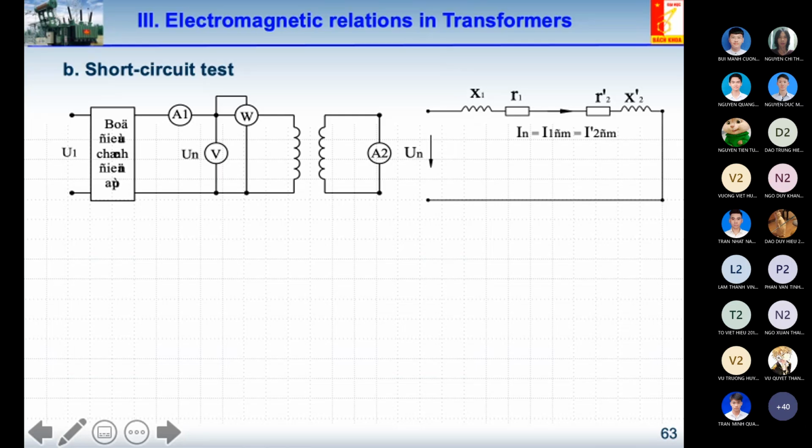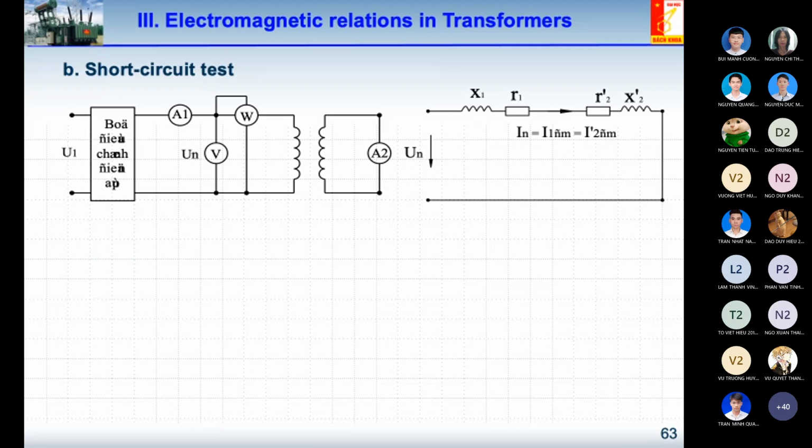If we see, for example, the ampere meter here is equal to 5 ampere, it means that we stop changing the voltage of this transformer. We don't have to change anymore.